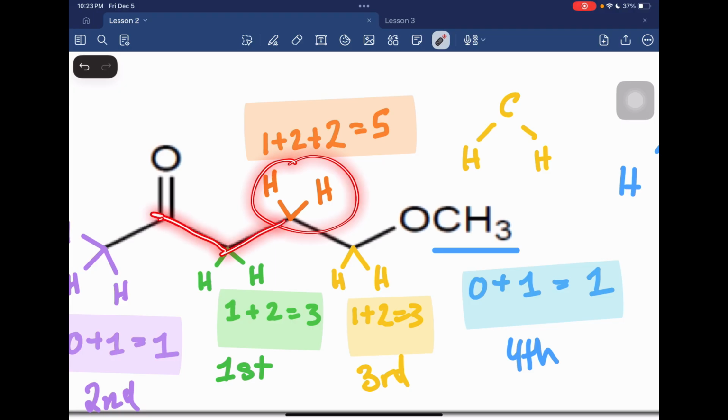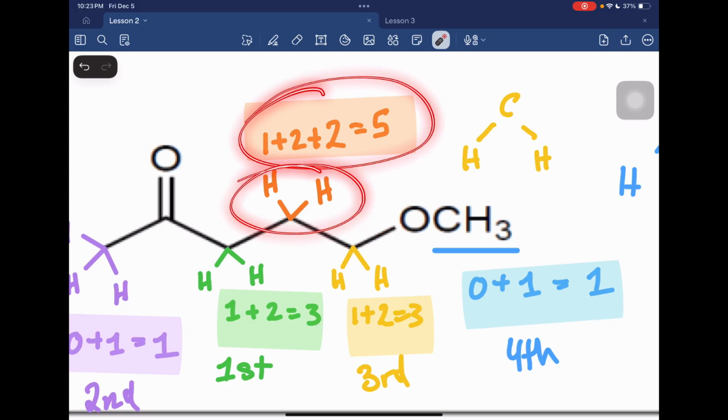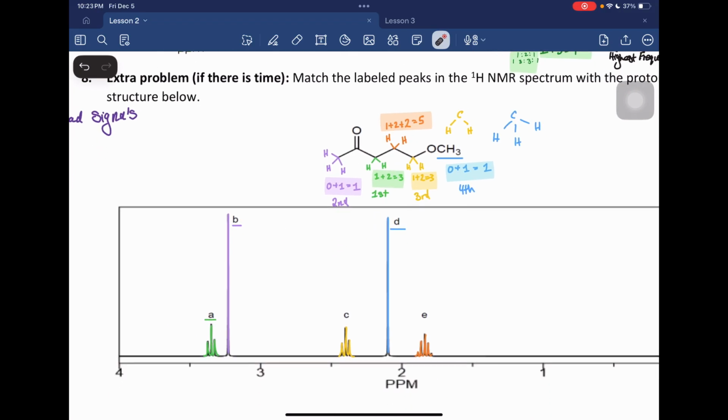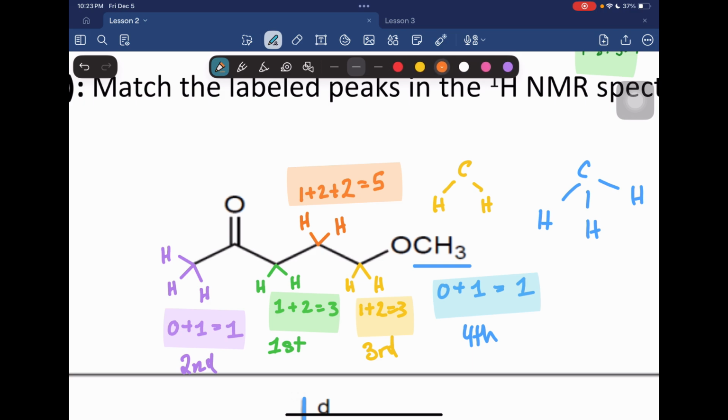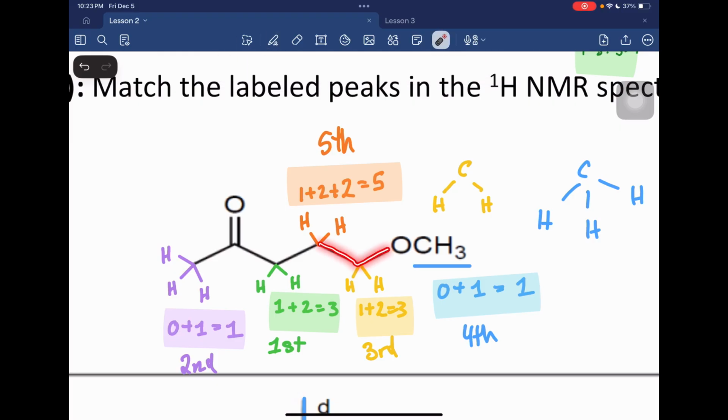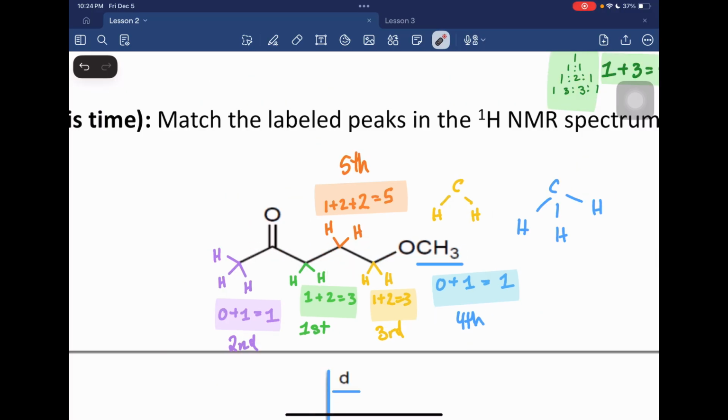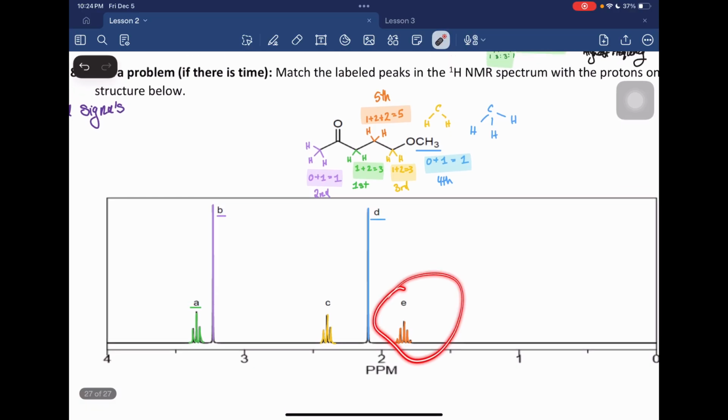It's 1, 2, 3 carbons away from this. 1, 2, yeah, 2 carbons away. Oh yeah, sorry, it's going to be dead last because it's not competing with anybody, okay? This is 2 bonds away. This is 3 bonds away. But even then, it's still going to end up last, okay?